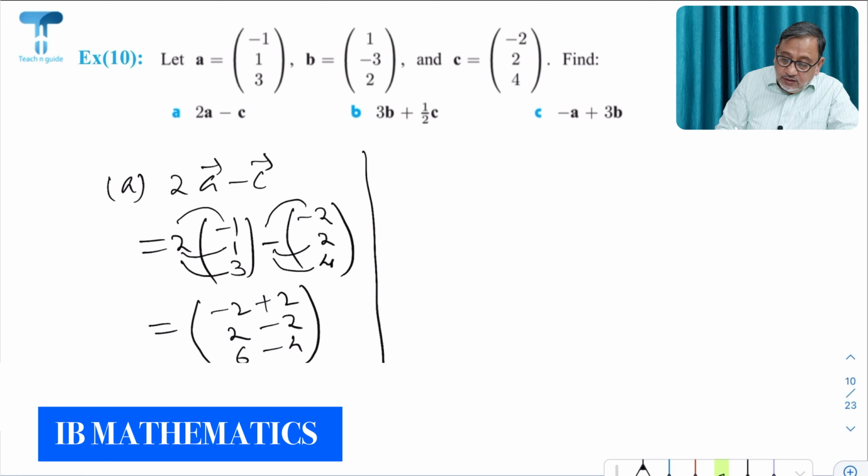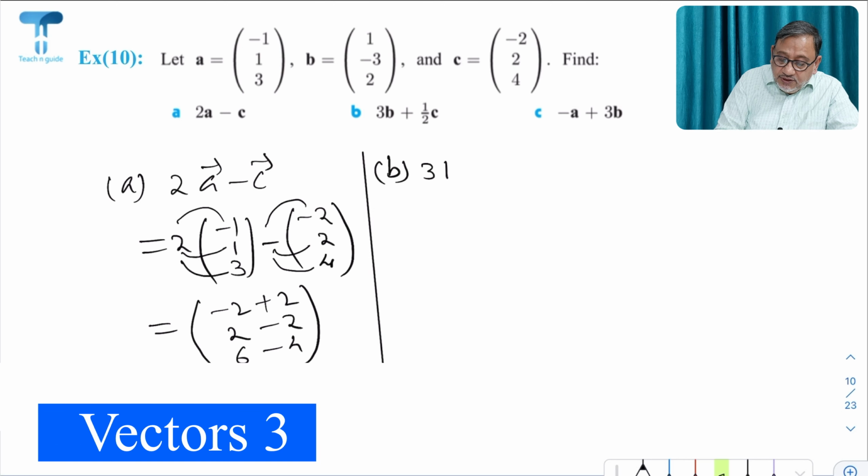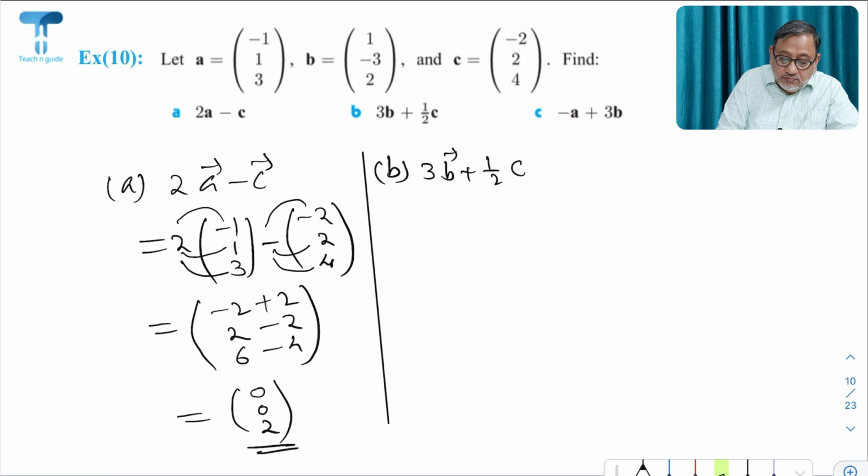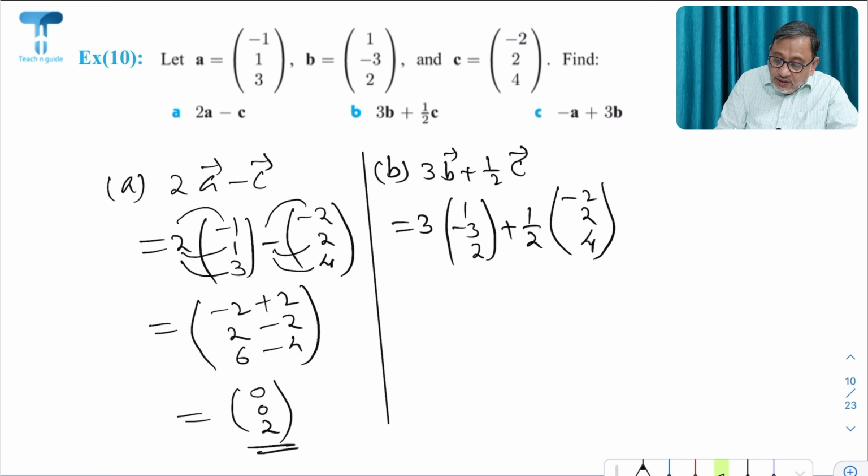Okay. Let me do b also. So 3b plus half c. So 3 times b means (1, -3, 2) plus half times c means (-2, 2, 4). So it will be 3 times 1, 3, plus half times -2 is -1.